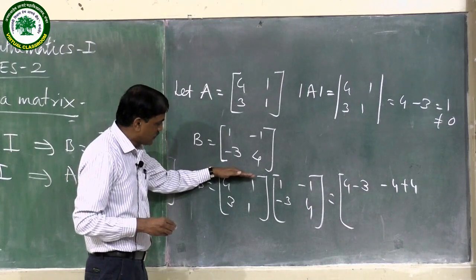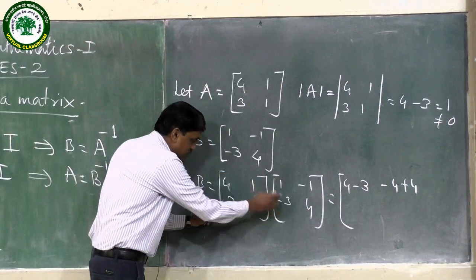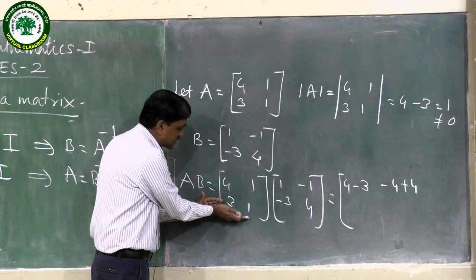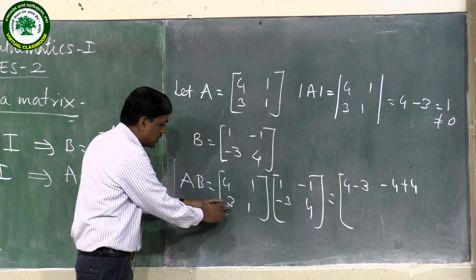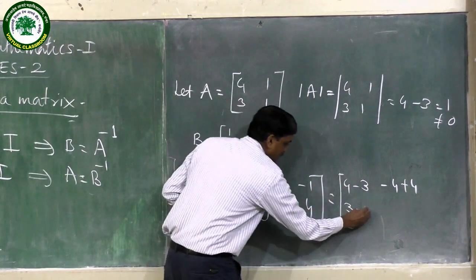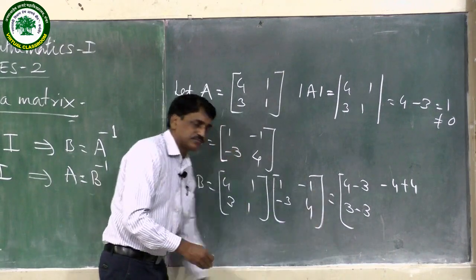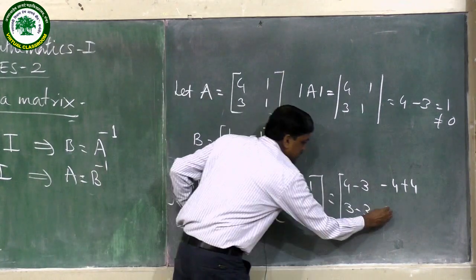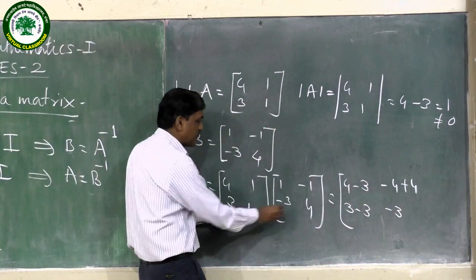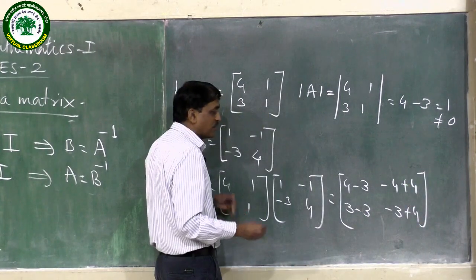Now the work of first row is finished here. Now second row into first column, second row of first matrix, first column of second matrix, 3 into 1 3 plus 1 into minus 3 it is minus 3, and the last one second row into second column, 3 into minus 1 it is minus 3 plus 1 into 4 it is 4. What is the final calculation?